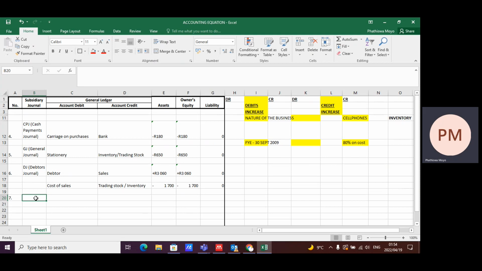I would record this in the general journal or debtors journal because it's going to be charged to his account. In the general journal, I would record the expense, which is courier services.